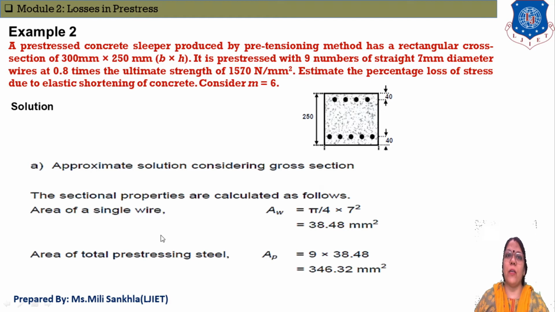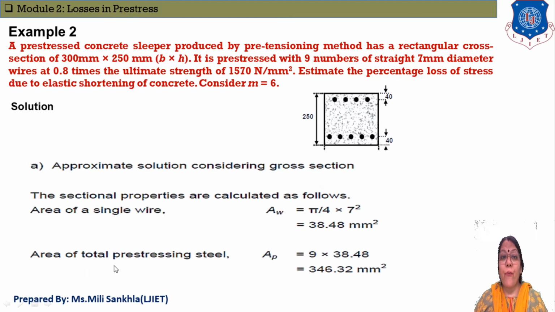First of all, we solve the example with the approximate solution. First, the section properties are calculated. Area of a single wire, Aw, is equal to pi by 4 into 7 square, since it is a circular section, and the answer is 38.48 mm square.